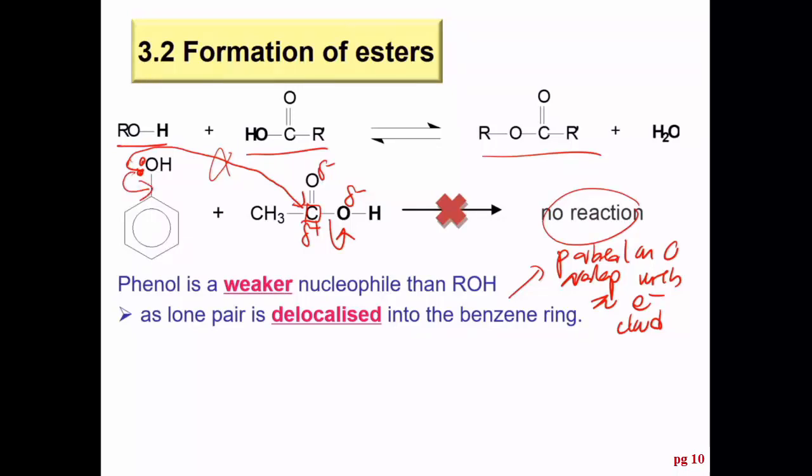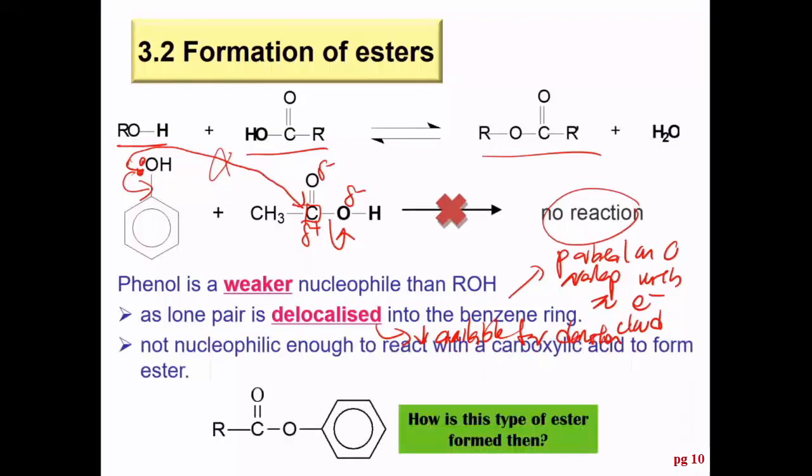So instead of being donated to the carbon, it will go into that benzene ring. And when it's delocalized into the benzene ring, what happens here? It is less available for donation. So therefore phenol is not nucleophilic enough to react with carboxylic acid, because the lone pair is now delocalized into the benzene ring.